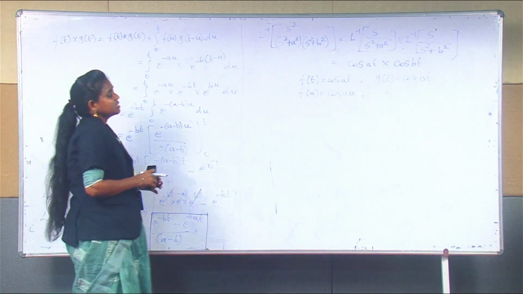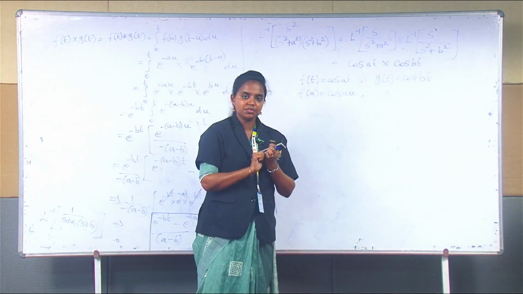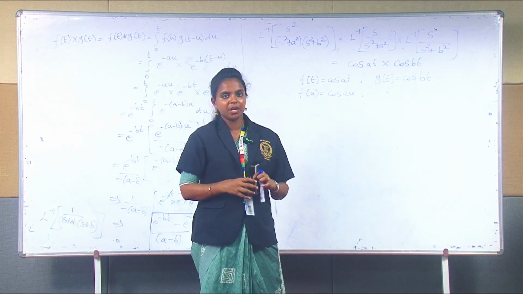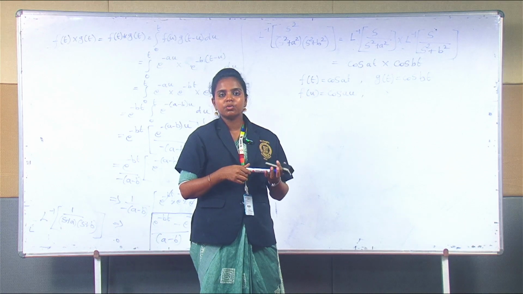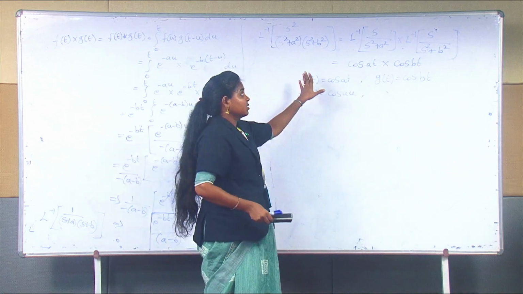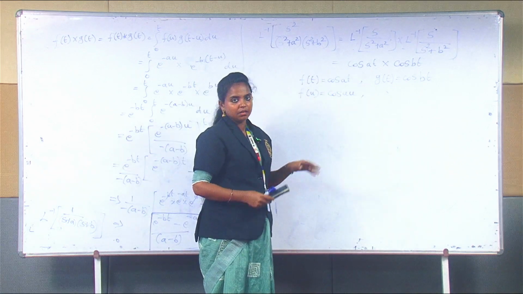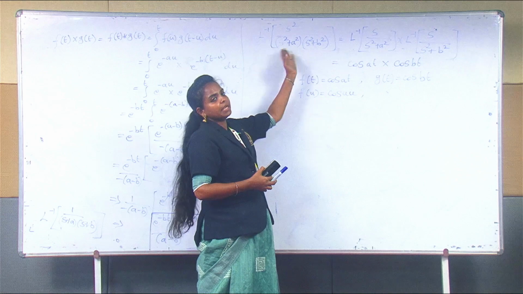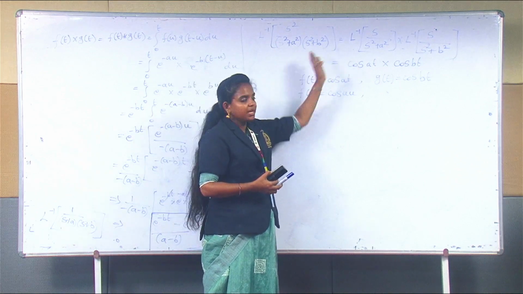Next question is also a very important question based on the convolution theorem. When you are entering your second semester exam, this problem will be compulsory. This is the generalized problem. You can substitute any a here and any b here.